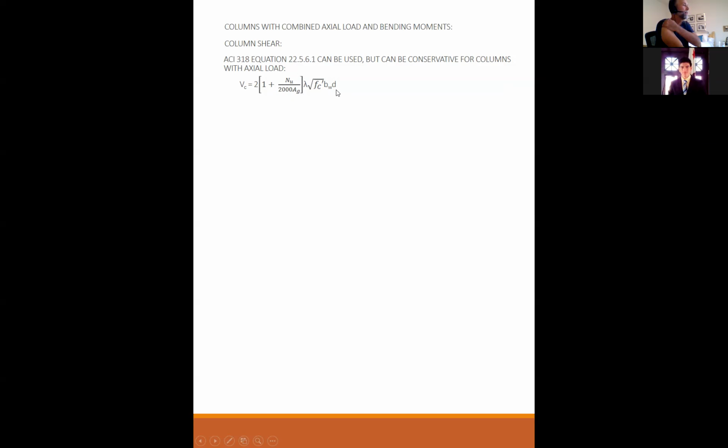We can use that equation, but it's overly conservative. You're really losing out a lot because the axial load in a column augments the shear capacity quite a bit. So if we use equation 22.5.6.1 for columns with axial load, you get a much better answer by using this equation.